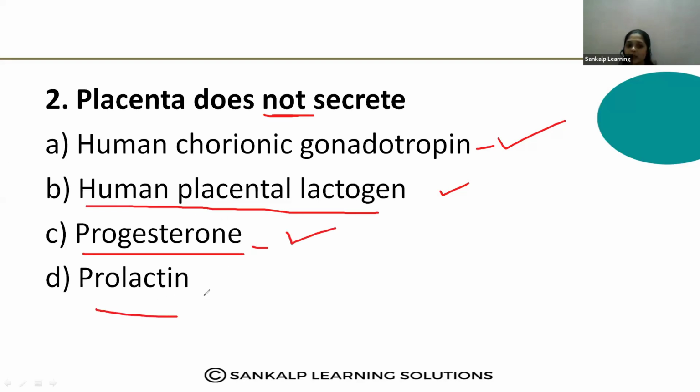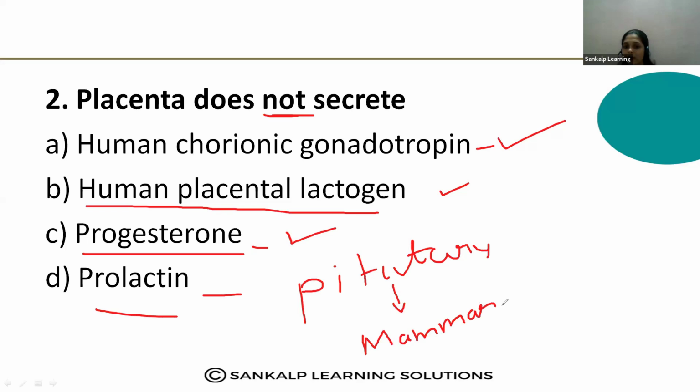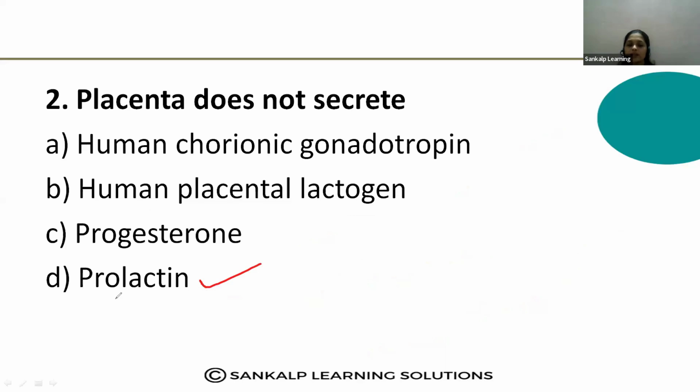But this prolactin is released by the pituitary gland that stimulates the mammary gland to produce the milk. Okay, so the correct answer is prolactin. And note down what is the function of the prolactin and from where it is secreted. Prolactin is the correct answer.